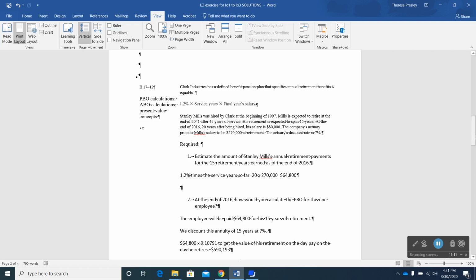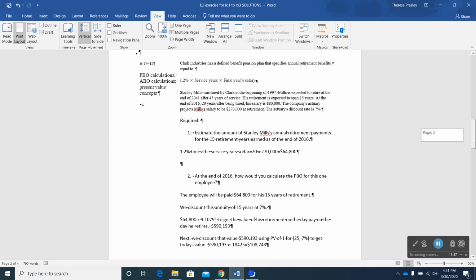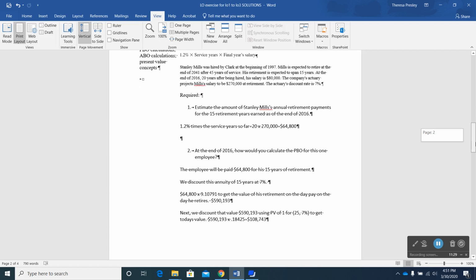It's $590,193. That's not the relevant number though. We need to go back to the balance sheet date, which is the end of 2016. To do that, you do the PV of 1 for those years, and you come up with $108,743. That's the value of the PBO for one employee.